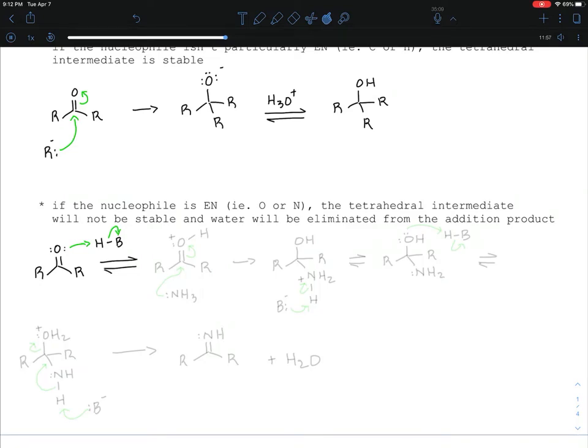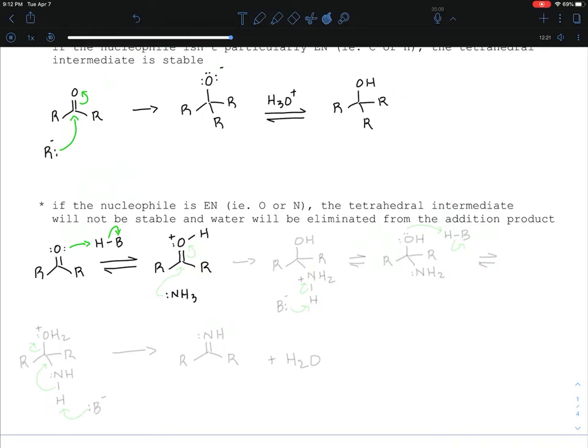If I protonate this, I activate that carbonyl. I make that carbon just a little hotter for nucleophilic attack. See? Now, if I've got some electronegative nucleophile coming in, let's just use something simple like ammonia. It has a lone pair of electrons.